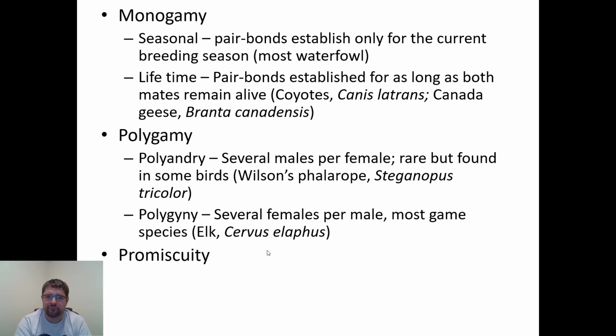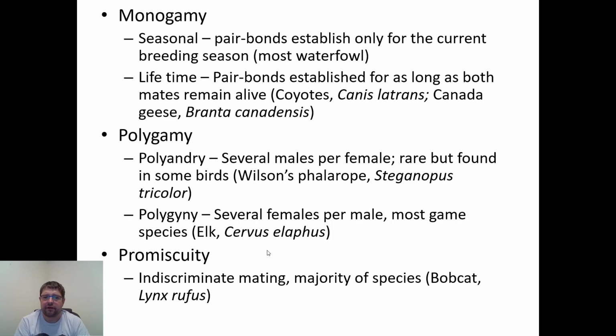So promiscuity comes in, and like I said, people often confuse promiscuity with EPCs, extra pair copulations. Okay, I don't want you to think that in a seasonal pair bond, because that male goes out and finds another female, or that female goes out and finds another male on the side, that it's promiscuous. Promiscuity in this case is when there's indiscriminate mating.